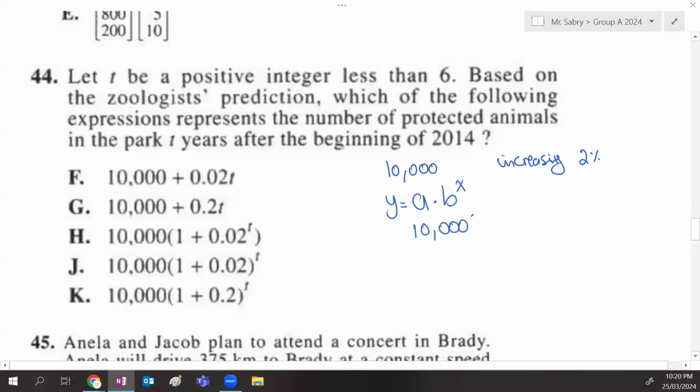So 10,000 times b, which is 1 plus 2 over 100, all to the power of x, which is the number of years. Why did I do this? Because as we stated here, if it's a growth rate, we should do 1 plus the percentage over 100. When you look at the choices, this would get you choice J as the correct choice. Because 2 over 100 is 0.02, not 0.2.